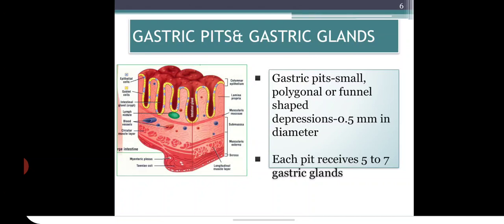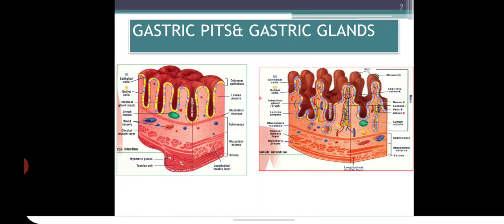Gastric pits are small polygonal or funnel shaped depressions of 0.5 millimeter in diameter, and the glands open into the pits. Each pit receives 5 to 7 gastric glands. Here you can again see the gastric pits and the gastric glands.